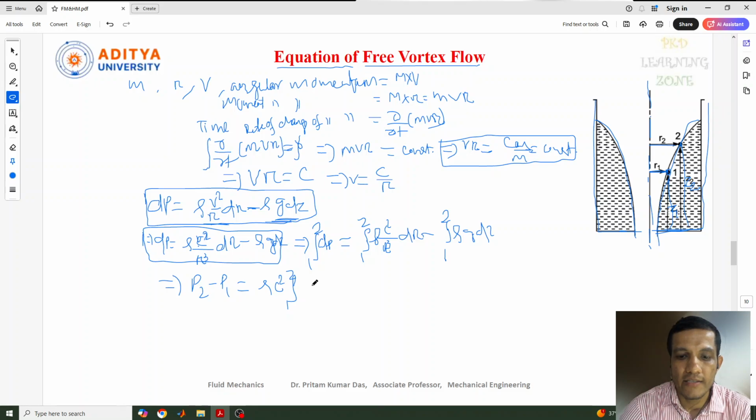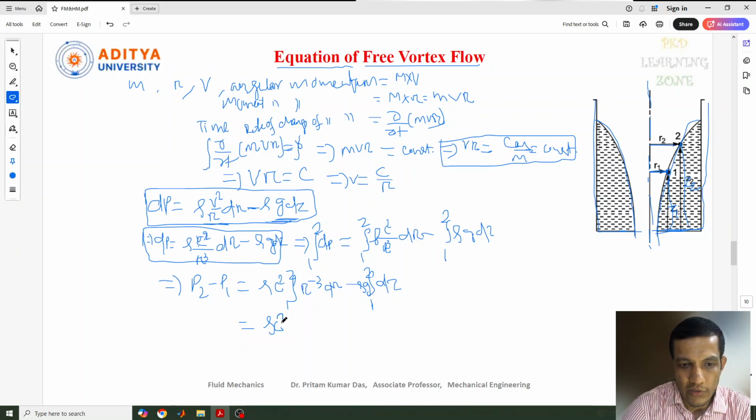So I'll write r to the power minus 3 into dr, minus the integration from 1 to 2, where I'll take rho g outside and keep only dz in the integration part. P2 minus P1 let it stay as usual, and let's solve the other parts.